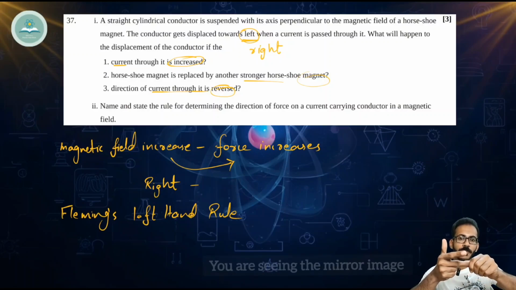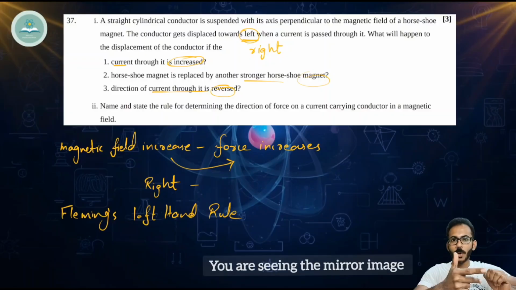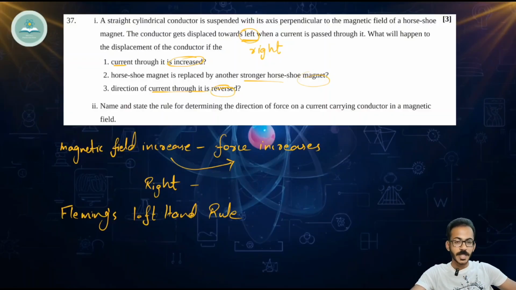Then your middle finger shows the direction of current and index finger shows the direction of magnetic field and thumb points towards the direction in which the conductor will get displaced or the direction of force which is acting on the conductor. So this is Fleming's left-hand rule. Please study the rule because it's very important. They might ask this for the exam. We'll go to the next one.